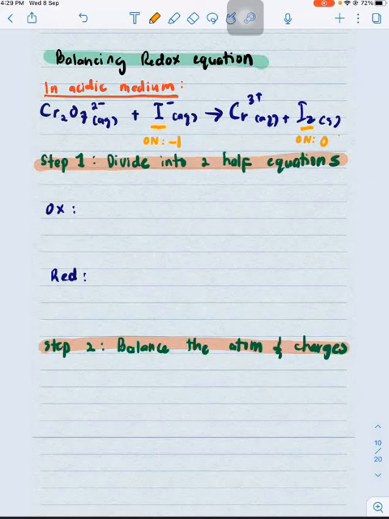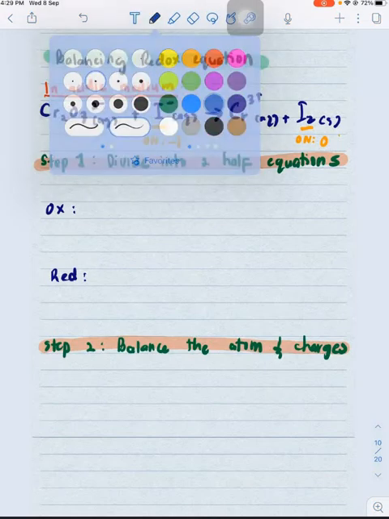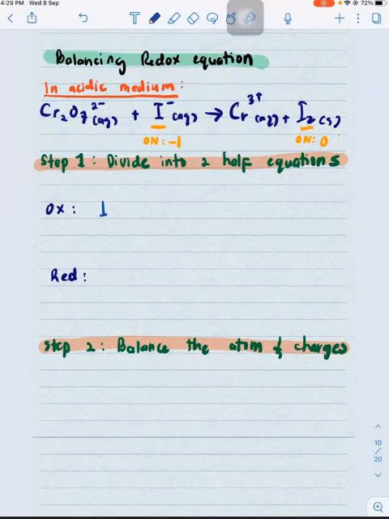Look carefully, -1 to zero, its oxidation number increases, so it undergoes oxidation. So here we write I minus. Throughout the process, if you miss the physical state it's okay, but in the final answer make sure you write down all the physical states. So I minus to I2.